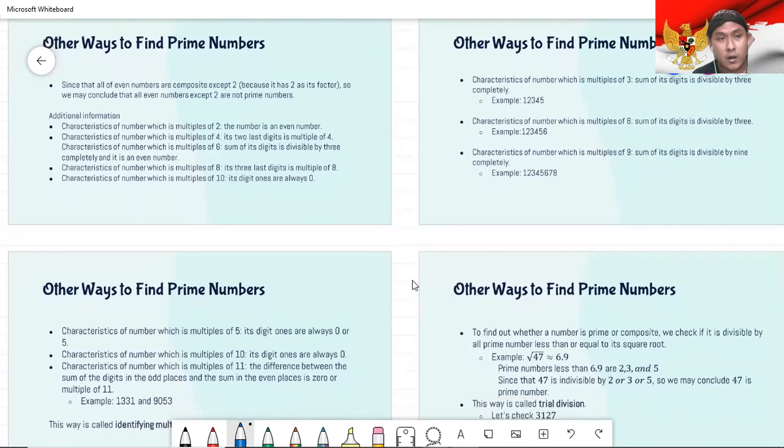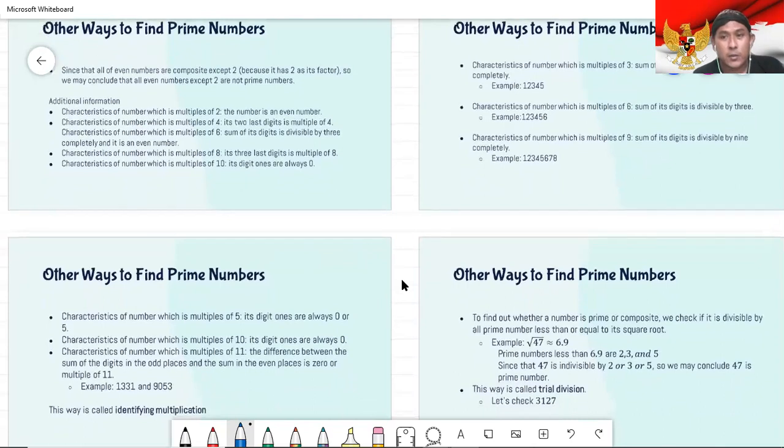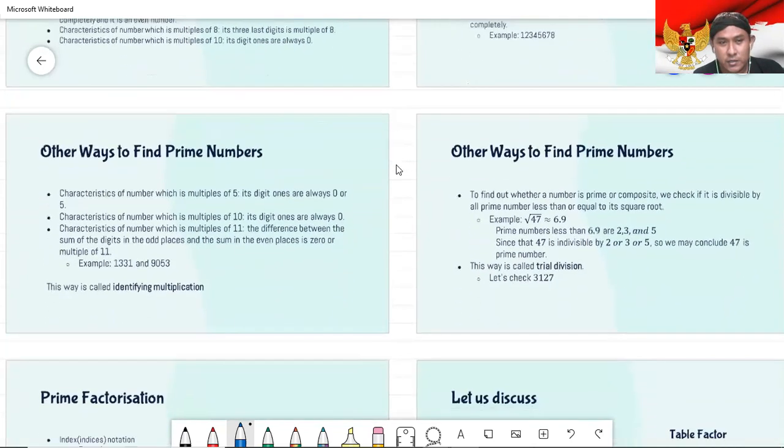All of those multiples have their own characteristics. Well, you can find it there. Now, this way we call identifying multiplication. That's it. I have given it to you.